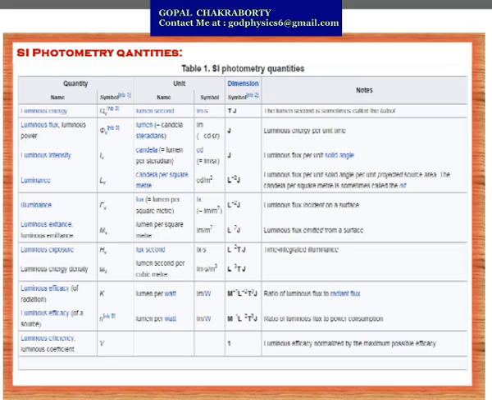Now here, the SI units of photometric quantities and their dimensions I have given in a chart.